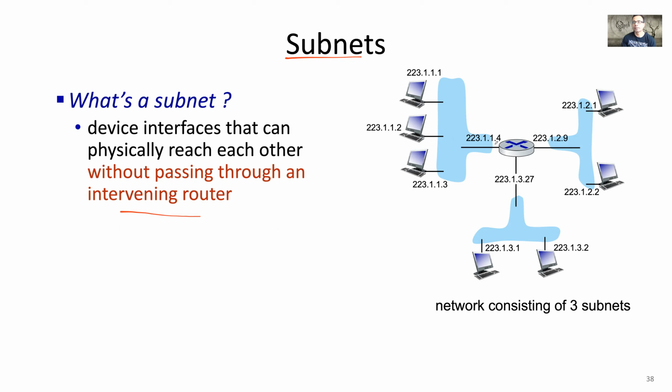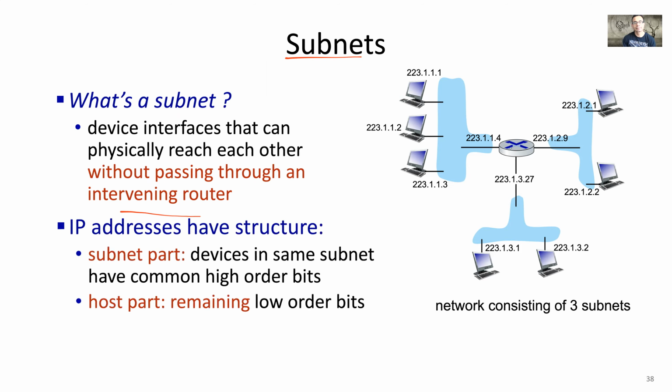So effectively anything behind a router, like this whole network that's behind this router link, this whole network, and this whole network, right? So in this example, we have three subnets.